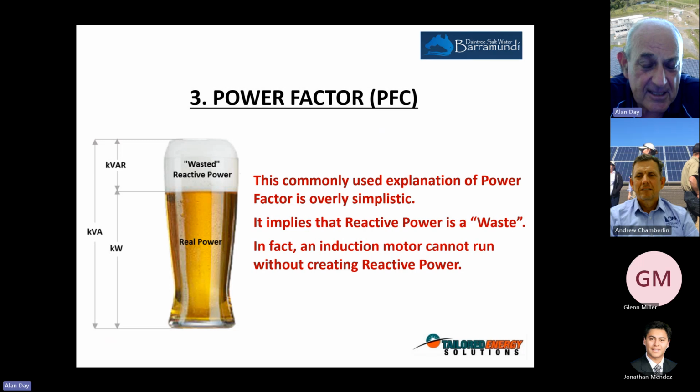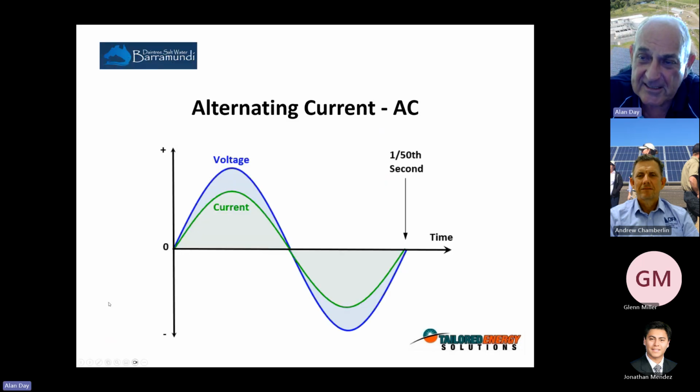So I've tried to find a better way to explain it, and I think I've come up with something that is reasonably good, but you'll be the judges of that. I want to go back to some basic electrical theory to help explain it. Everybody's heard of the sine wave, I think. This is in a 50th of a second with alternating current.